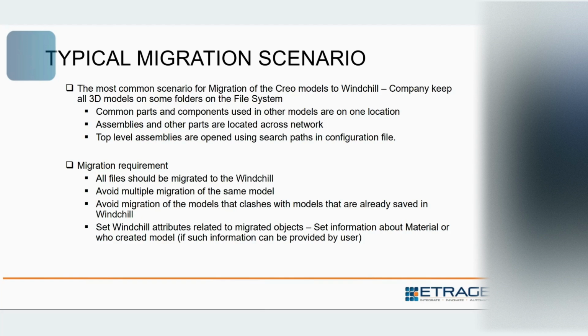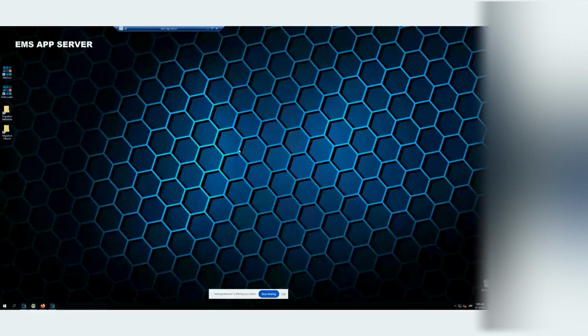Let's say a company has an acquisition from another company and needs to upload those Creo models to Windchill, and set Windchill attributes related to migrated objects, like information about materials or who created the model. All this, of course, can be done using our ETRAGE migration system. Let's go to the demo.